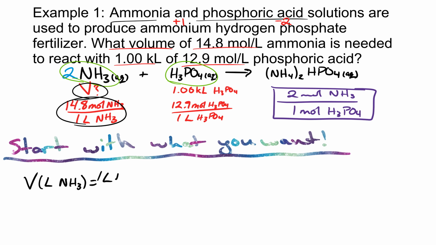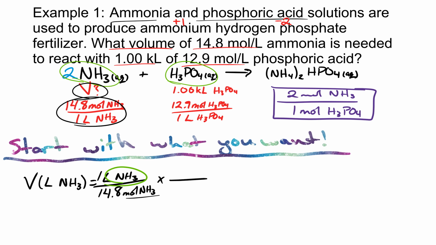We want 1 liter of ammonia has 14.8 moles of ammonia in it. So this is the unit that I want. Liters of ammonia, and I want to get rid of every other unit. So I want to get rid of moles of ammonia.